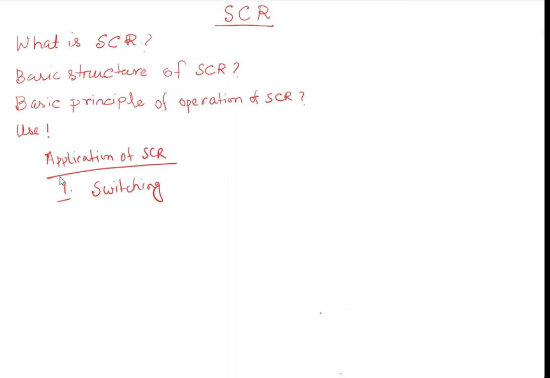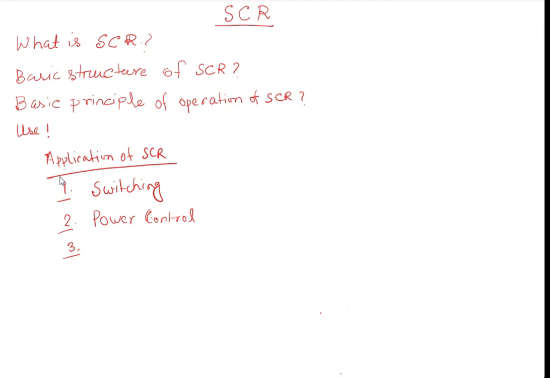We know that we have to apply the gate pulse to turn on the SCR, so in turn it can turn on some other device, suppose a triac. So it can be used as a switch. Second, it can be used for power control, either AC or DC, by varying that alpha value, that is the firing angle.